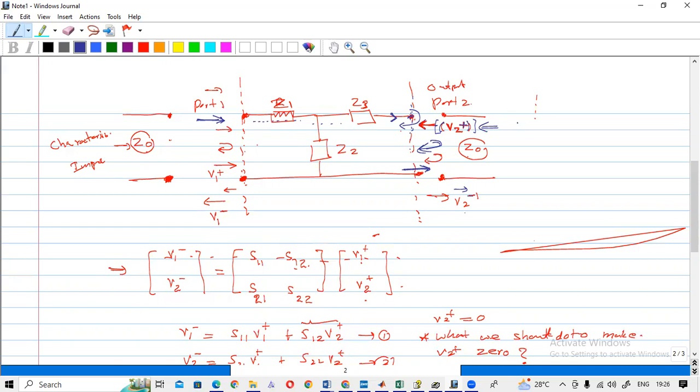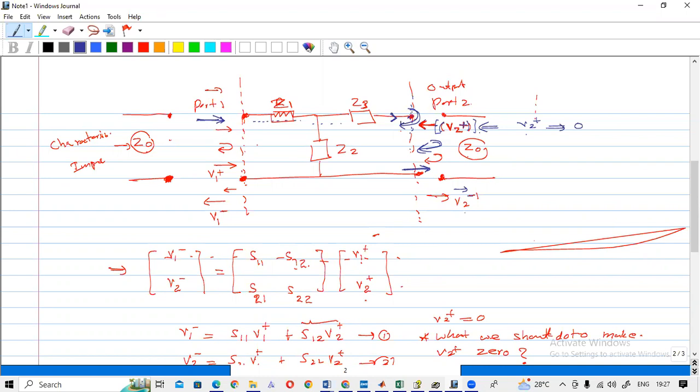So now you want to make this V2 plus 0. So what do you have to do? V2 plus should be 0. That means the reflected should be 0.